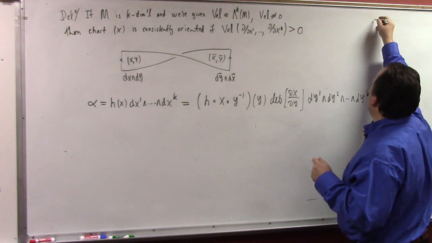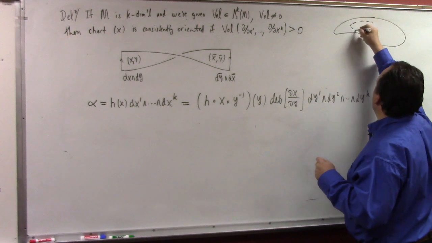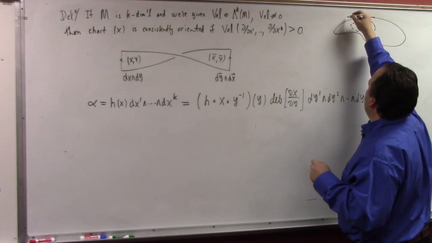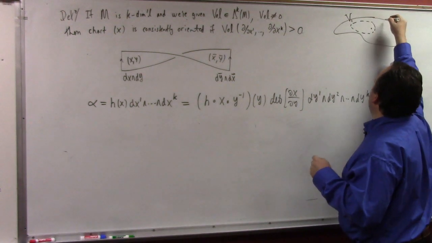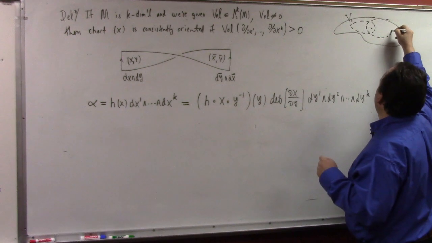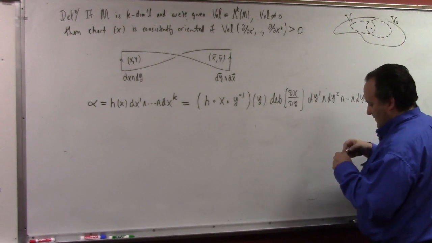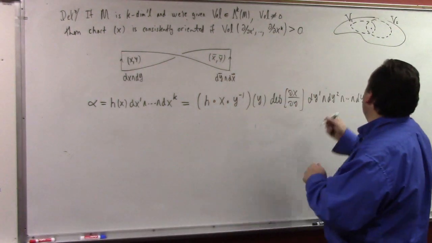And so the picture is something like this. Here's your, let's say, what was my notation? V1, and then over here, I've got V2, right? So I've got some kind of overlap going on, right?